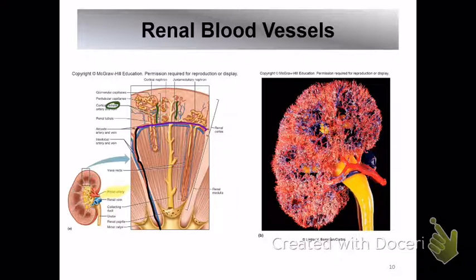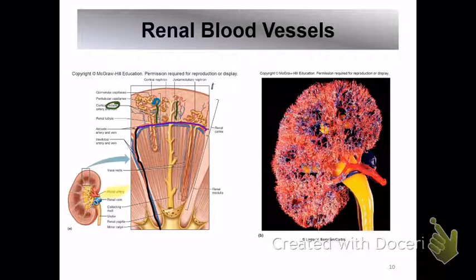The next one, if you're looking at that last slide still, so we got cortical radiate, the afferent arterioles. They're not shown here, but they're going to go into the glomerulus right there. So I'll make that blue. Goes into the glomerulus. And then you've got the glomerulus, which we're going to talk about in the nephron when we zoom in. So let's write this in.